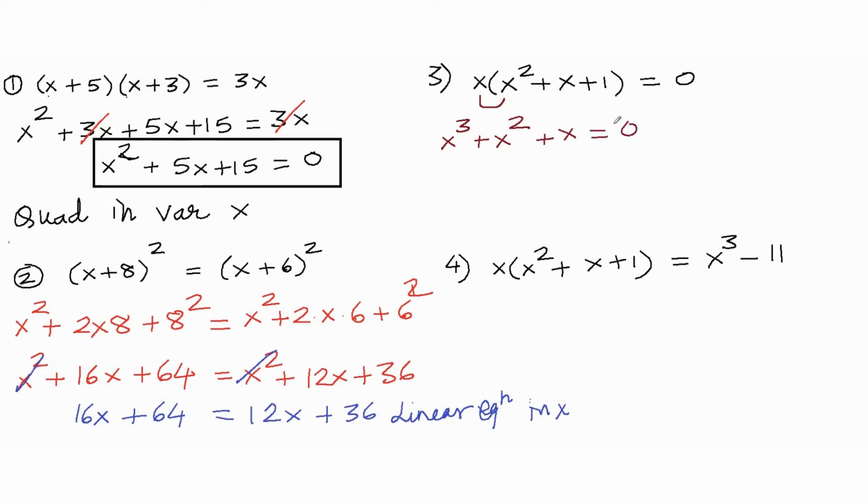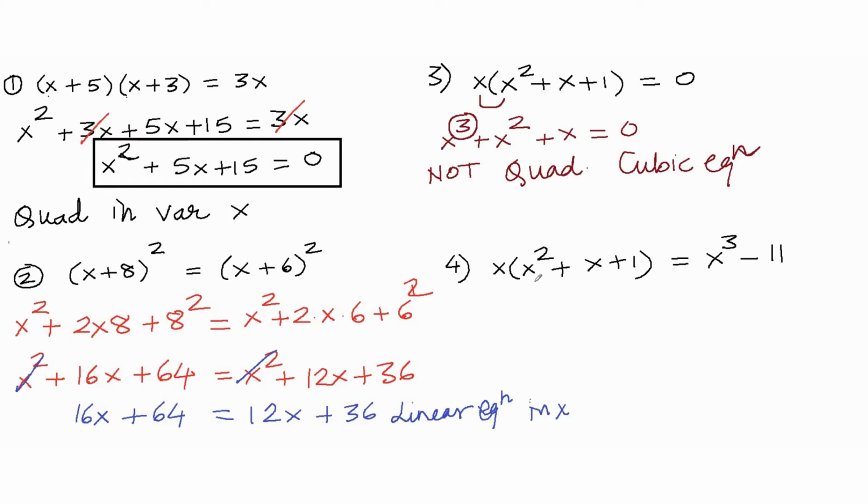This is an equation definitely, but the highest power of x over here is 3. That means this is not a quadratic equation. However, this is called a cubic equation because the degree of the variable is 3, right? Therefore, this is called a cubic equation. Now, let us take a look at the fourth one.